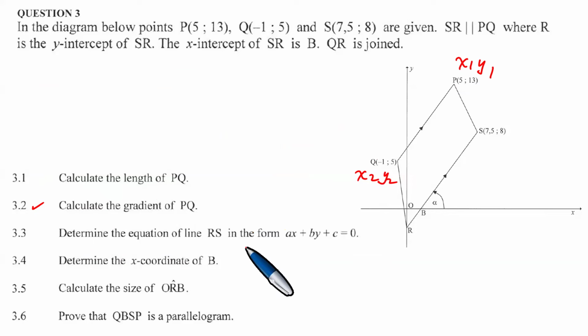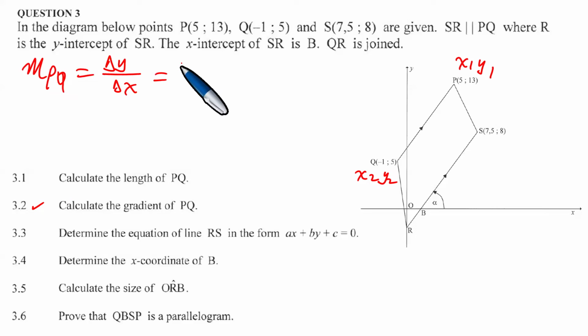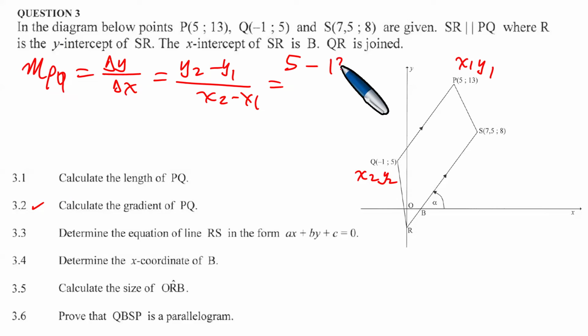The gradient formula is y2 minus y1 over x2 minus x1. y2 is 5, y1 is 13, and we divide by x2, which is -1, minus x1, which is 5.